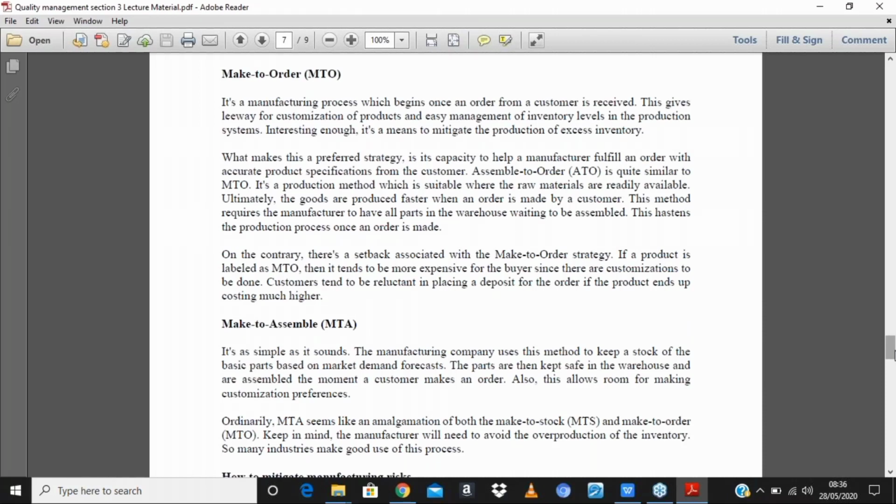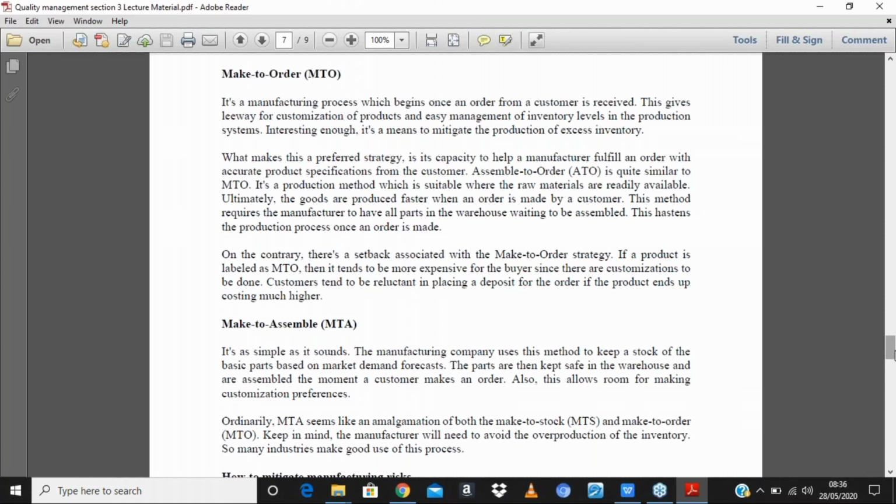Assemble to order is quite similar, where raw materials are readily available.